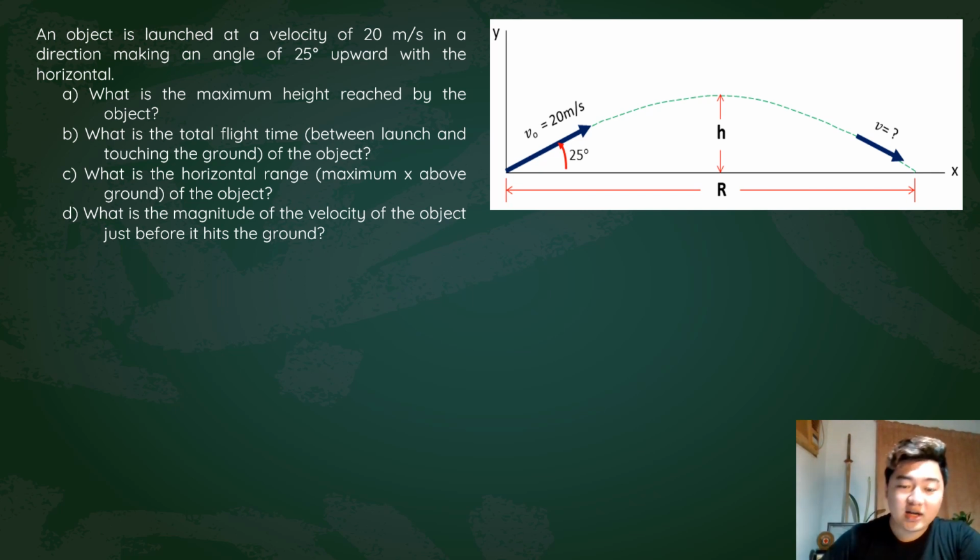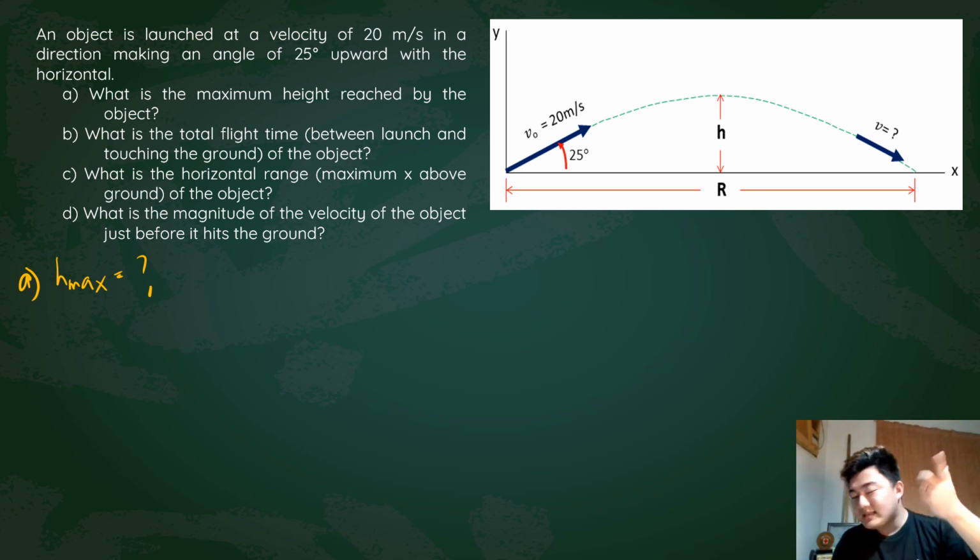So let's start with solving our unknown variables. The first one is the maximum height. What's an equation that we can use to solve for the maximum height? If you look at our projectile, it's symmetrical. Therefore, we can use the derived equations that we have in the previous video.